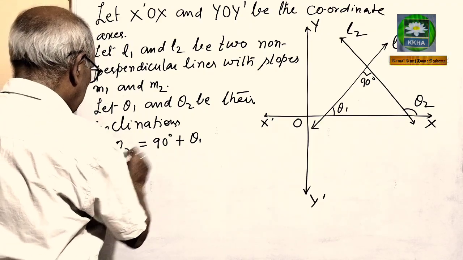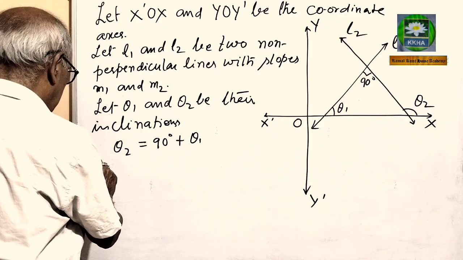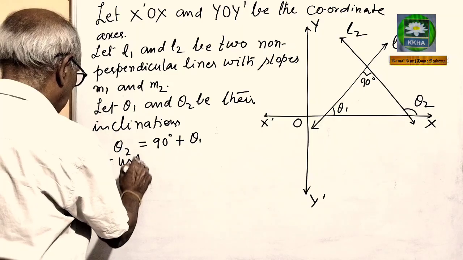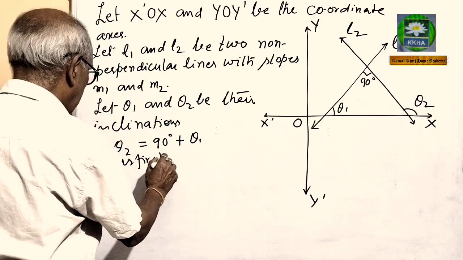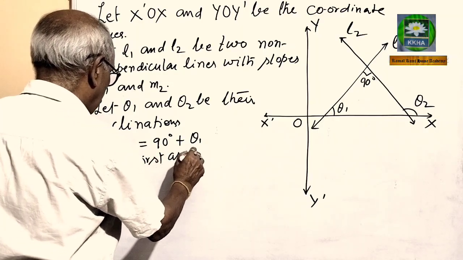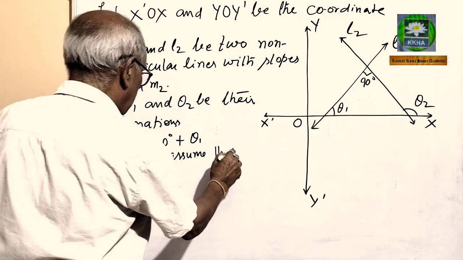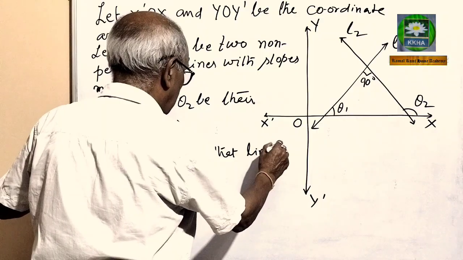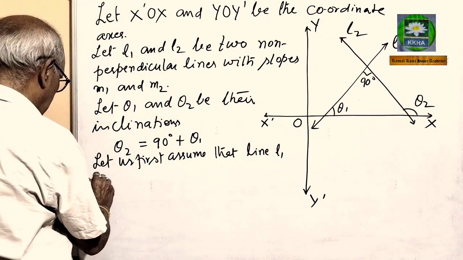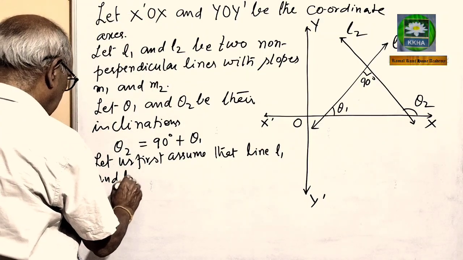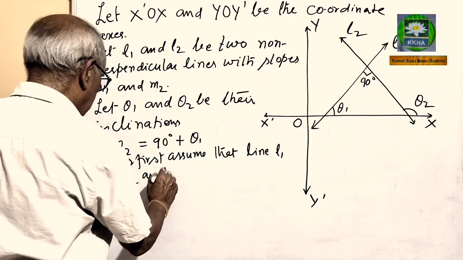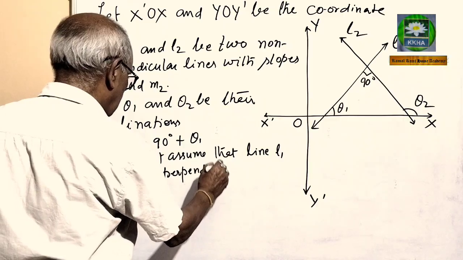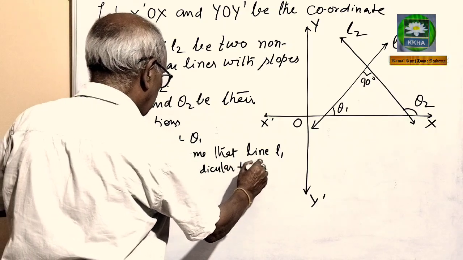Let us first assume that lines L1 and L2 are perpendicular to each other.